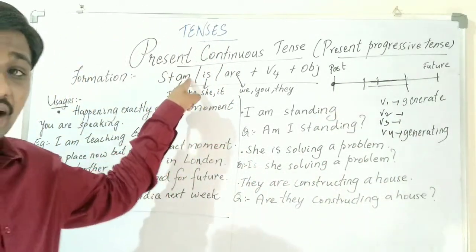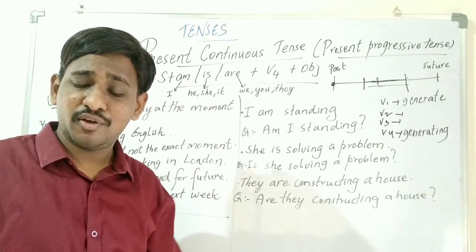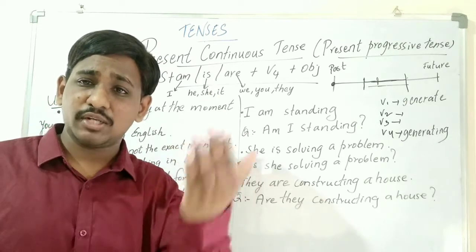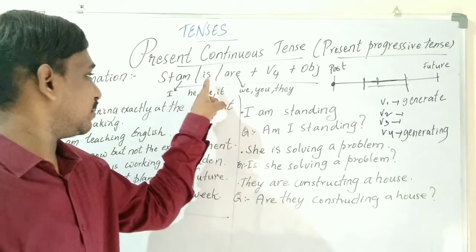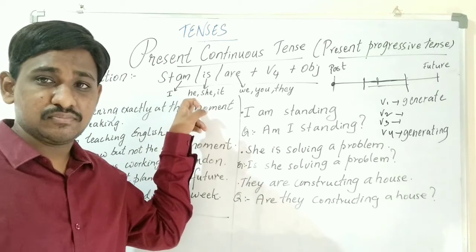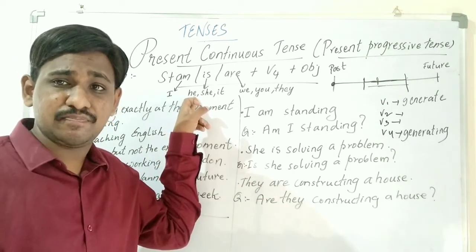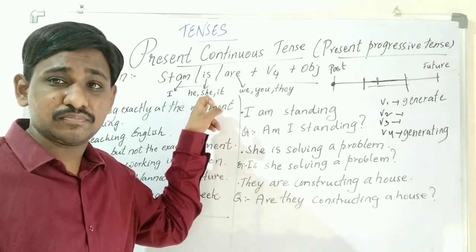Let us make with I first of all. I am learning French. I am listening to what you're telling. Second one, let's make with these three. He is proposing a plan. She is singing a song.